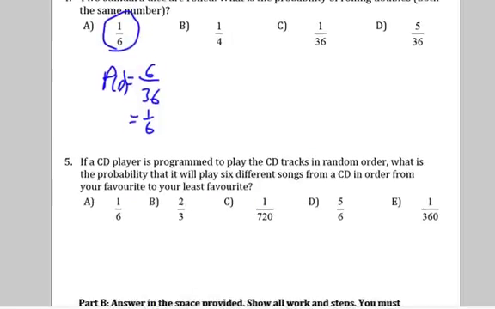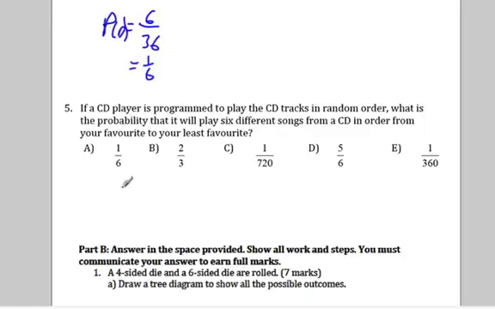And if you're programming a CD in random order, what's the probability that it will play your 6 songs in order from your favorite to your least favorite? Well, this is dependent events. The probability of your favorite song being played first is 1/6.